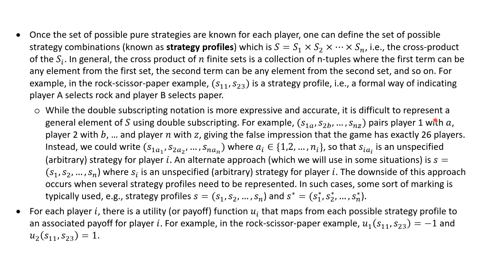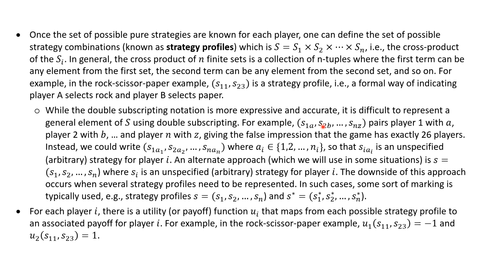Then I have a note here about subscripting, which I'll probably need to bring up later on when we talk about some proofs. So while the double subscripting notation is more expressive and accurate, it is difficult to represent a general element of S, one of these elements in here, using double subscripting.